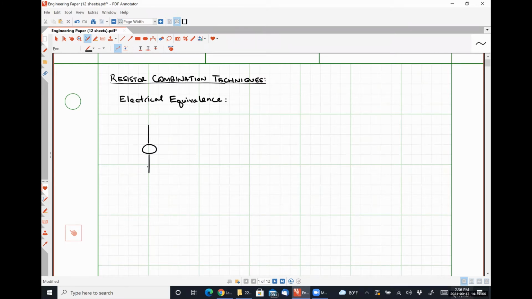So let's say that I have two networks. I have a 5-volt source connected to the first network, and we know that a voltage of 5 volts will appear across because we're dealing with an ideal source.